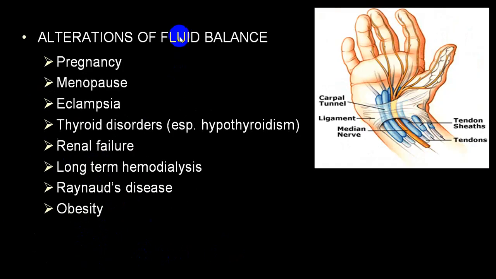Alteration in fluid balance, this will be all indirectly in the pathophysiology: pregnancy, menopause, eclampsia, hypothyroidism, renal failure, long-term hemodialysis, Raynaud's disease, obesity, etc. Where because of a little excess of fluid, it can produce local compression.